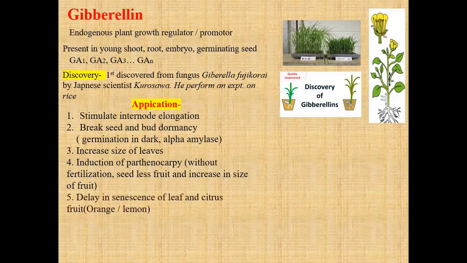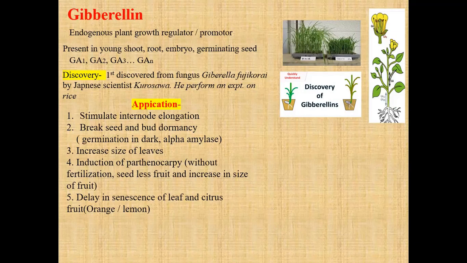The next function is that it delays the senescence of the leaf as well as citrus fruits, for example orange and lemon, meaning it delays the aging of the fruits. This is utilized if you want to preserve fruits for a longer period of time, or transport particular fruits to another area where it requires time.